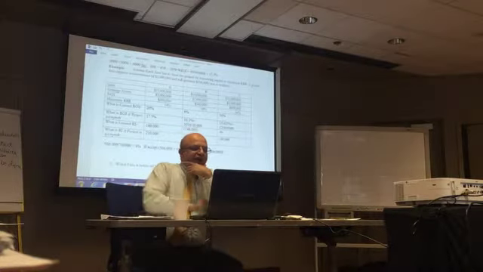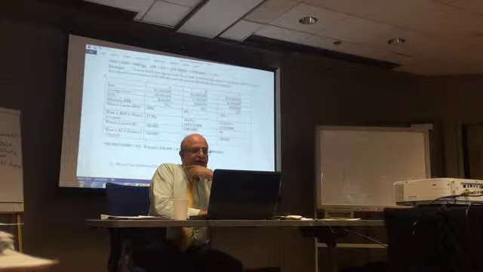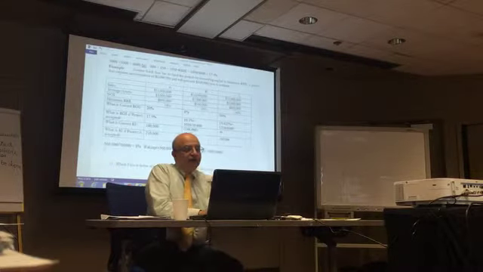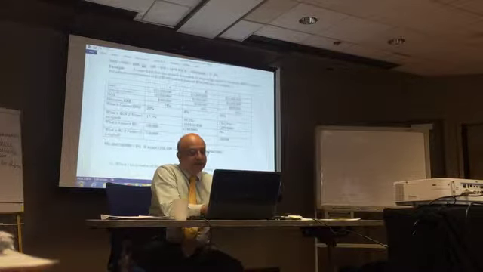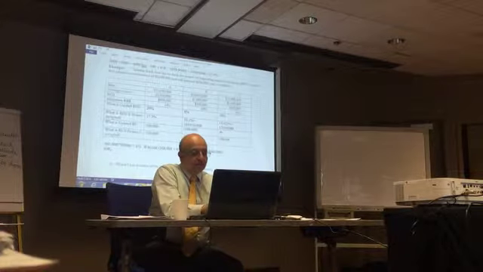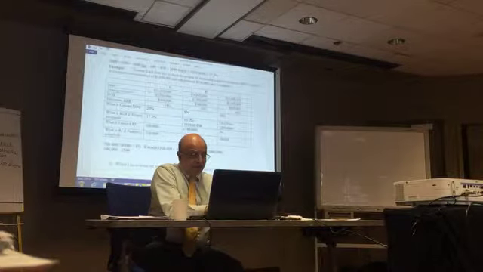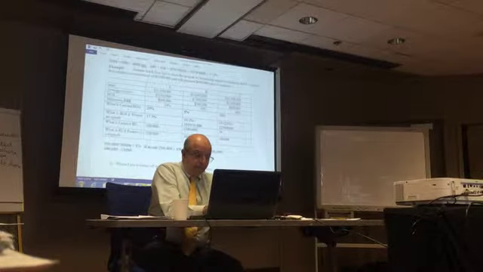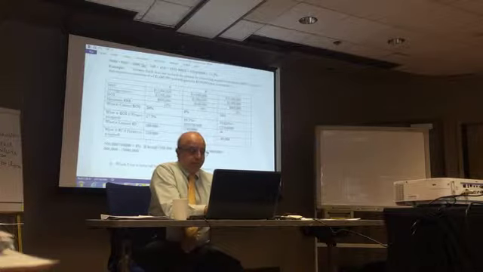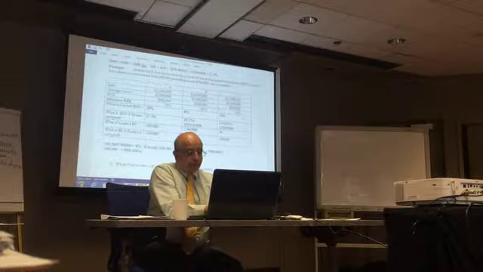Okay, now let's do the RI, first RI. For the RI, we have an income of 600,000, right? Minus the capital charge, which in this case is 3 million, times 14%.